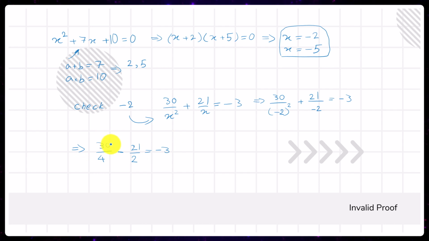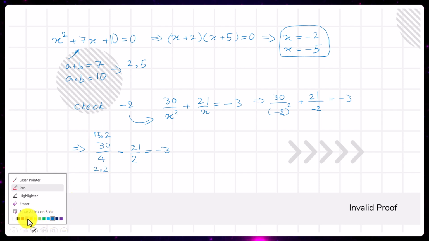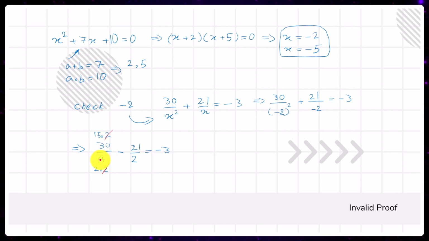Now I will simplify this 30. This is 15 times 2 and this is 2 times 2, right? So we are going to cancel the 2's and we're left with 15/2 - 21/2 = -3.